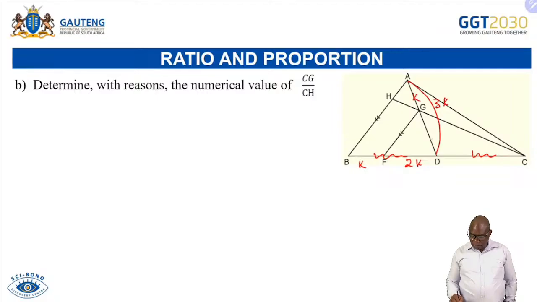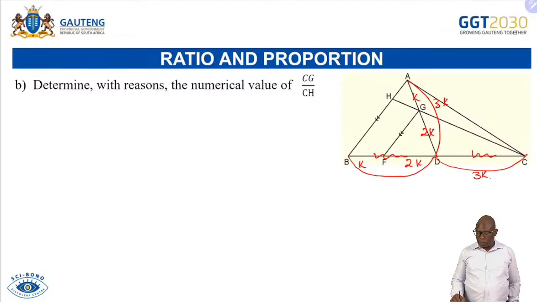Now if this one is 3, that length also will be 3, because D is the midpoint of it. So now I need to find CG, the ratio CG over CH.